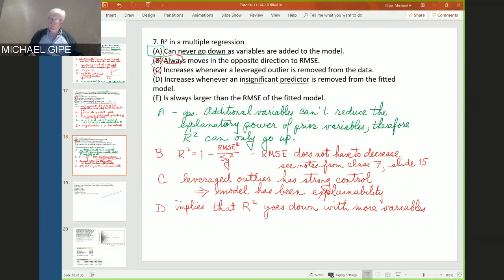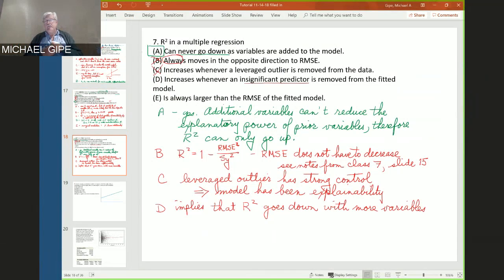So in other words, if we took a model that we have with a certain R squared and we added in a new predictor, explanatory variable, we know that R squared could be the same or could go up.